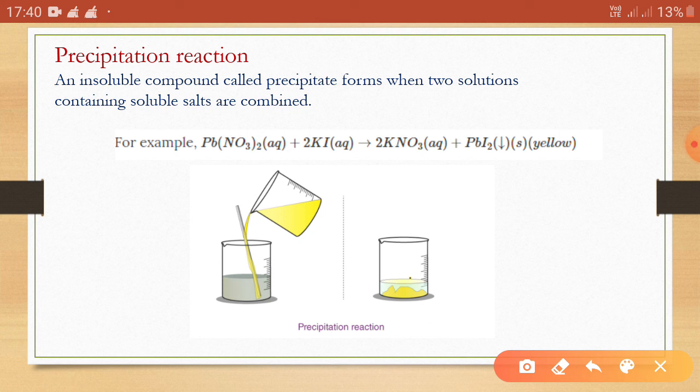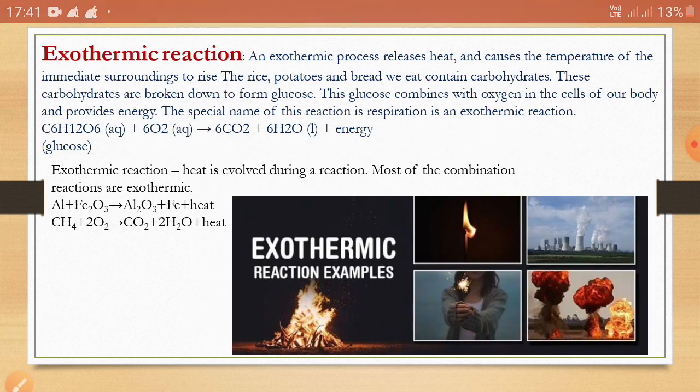Here the yellow PbI2 is formed at the bottom. So this reaction is known as the precipitation reaction. Got it? Go to the next slide.